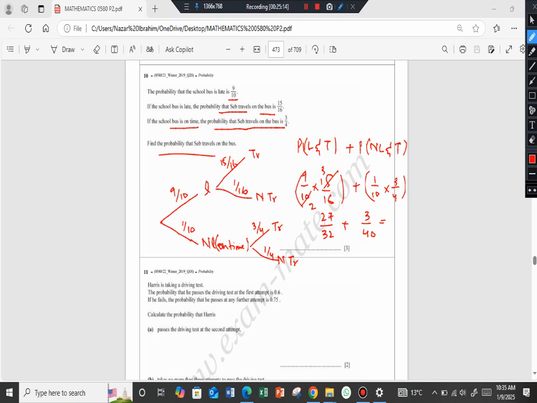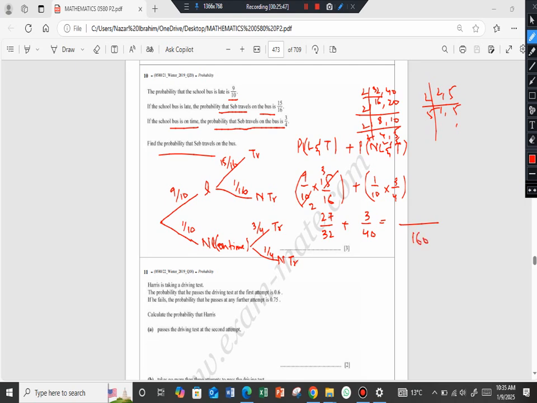32 and 40, we can take the LCM: 2 ones are 2, 2 twos are 4, 2 fours are 8, 2 eights are 16, 2 sixteens are 32, 32 fives are 160.